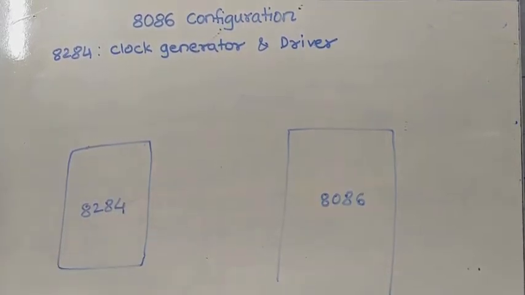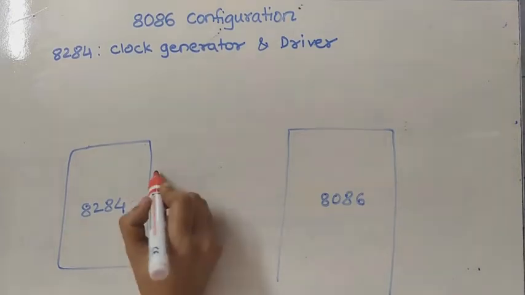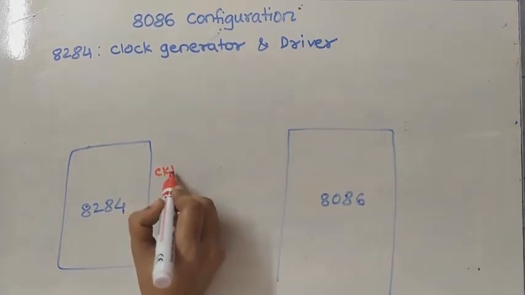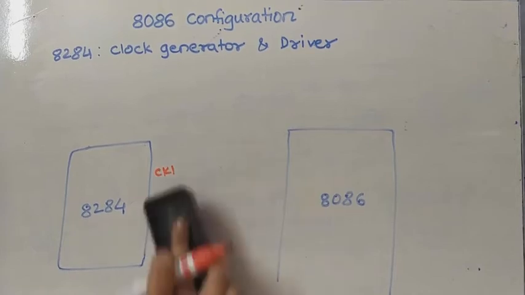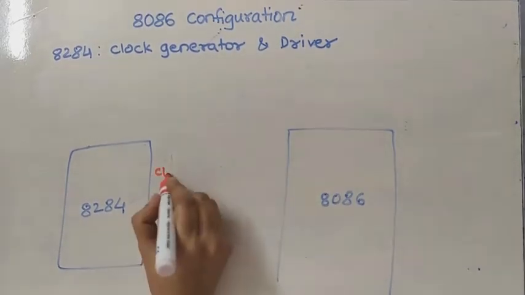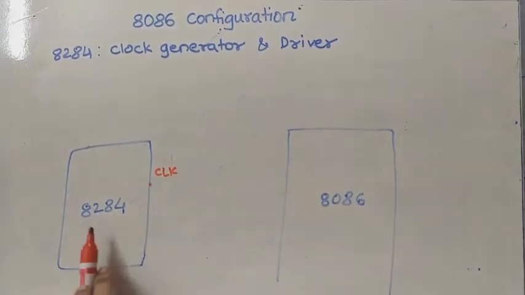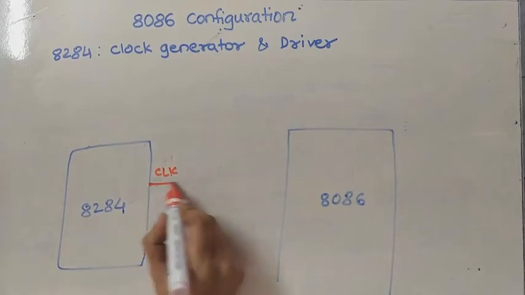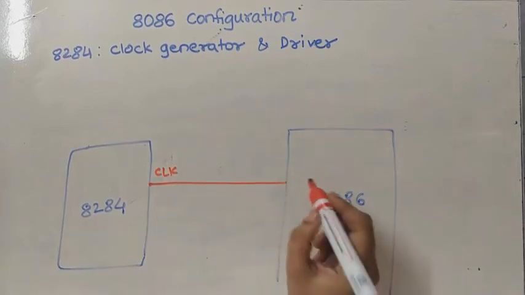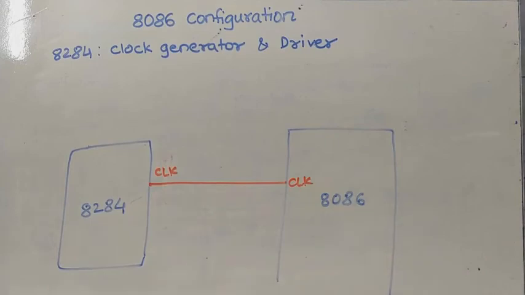As we have discussed, three signals are generated by 8284: clock, reset and ready. The clock signal available on 8284 is connected with the clock input CLK of 8086.